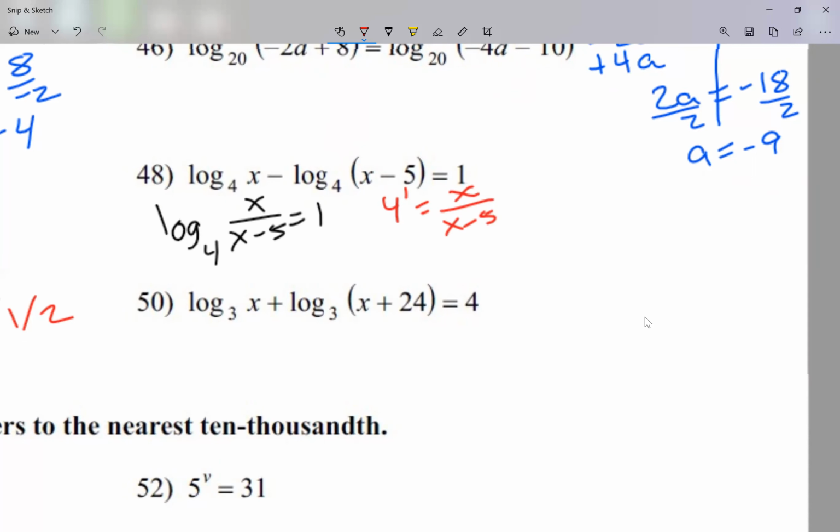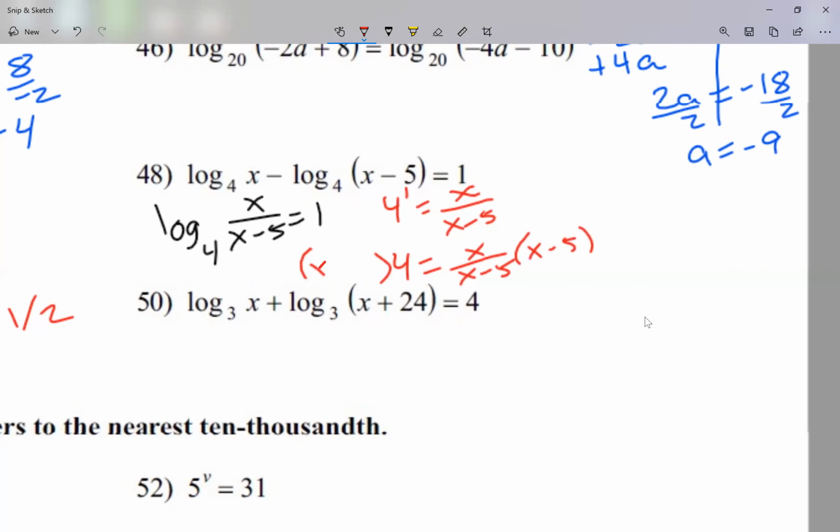And we're going to have that 4, because 4 to the 1 is 4, is equal to x over x minus 5. Remember, if you don't like fractions at the bottom, get rid of them. Multiply both sides by x minus 5.